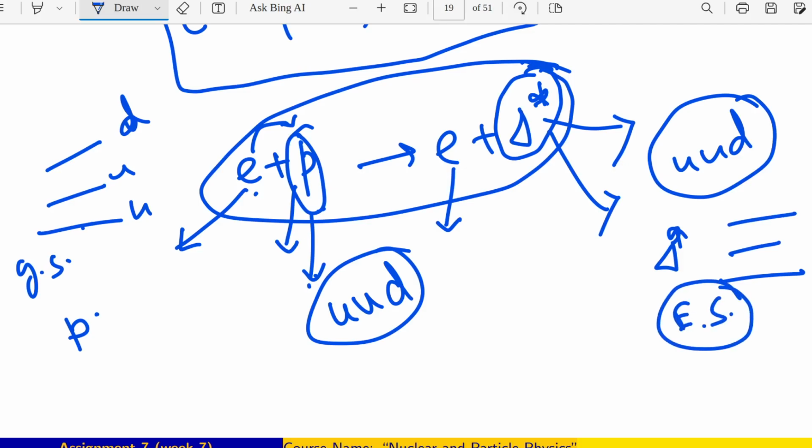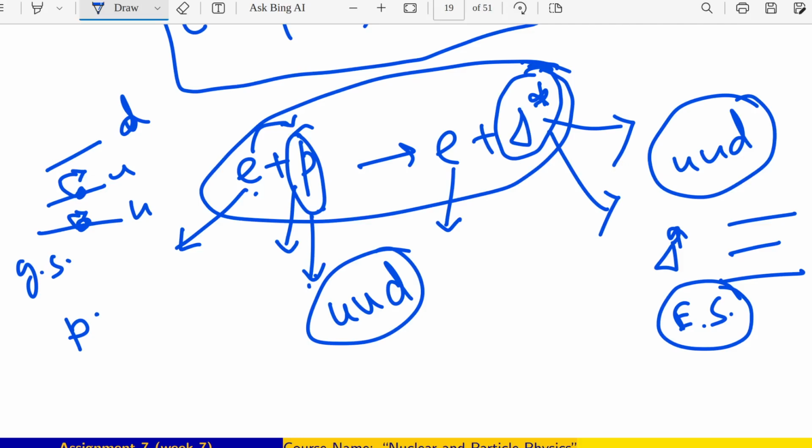So the main difference is that our U can go to the excited state, this U can also go to the excited state or something like that. So if our P has nothing, let's say our P is a point particle, there is nothing inside of this like UD or UDD something.